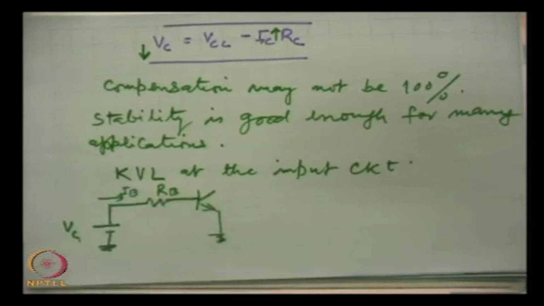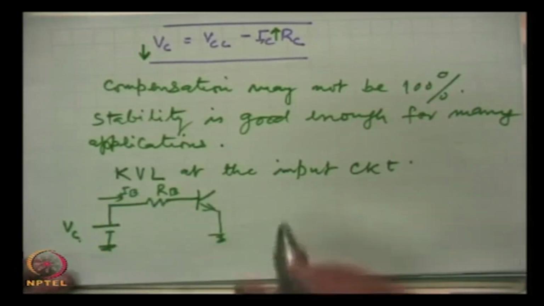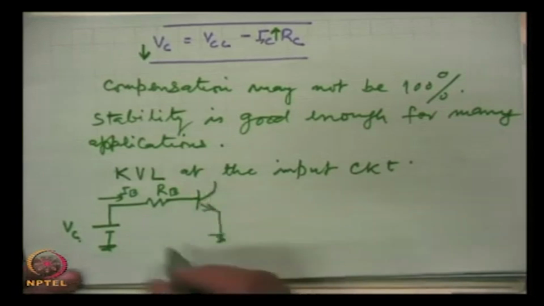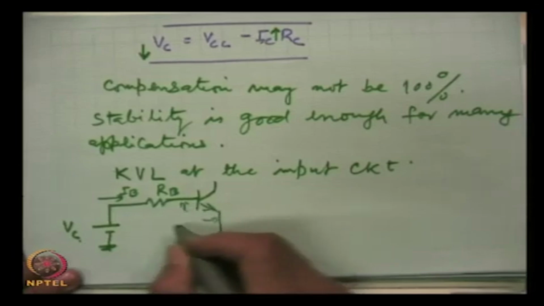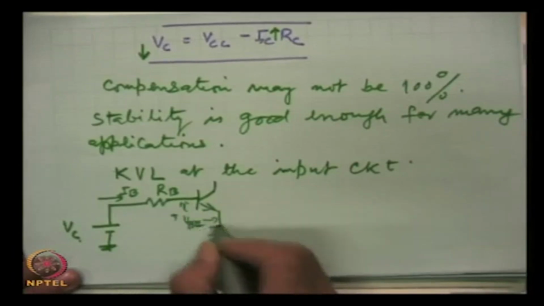I B, and when we apply Kirchhoff's summation of voltages, this voltage is plus minus VBE.